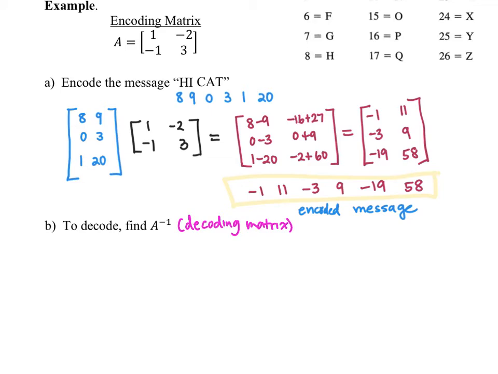So I'm going to use augmented matrices to find the inverse so I can decode this little message. Let's do 1, -1, -2, 3, and I'm going to augment that with the identity matrix. Remember, I'm trying to get the identity matrix on the left so I can find the inverse.